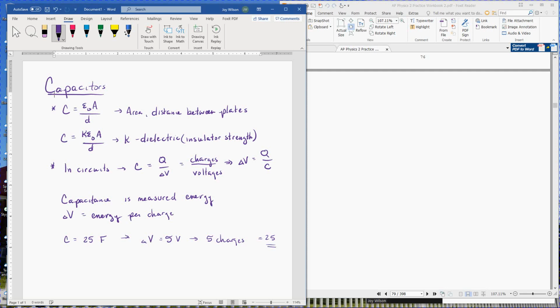It would be an energy storage of 25. If we had a voltage of, say, 2.5 volts, then we could hold 10 charges.